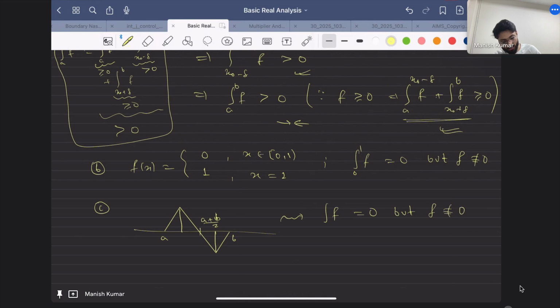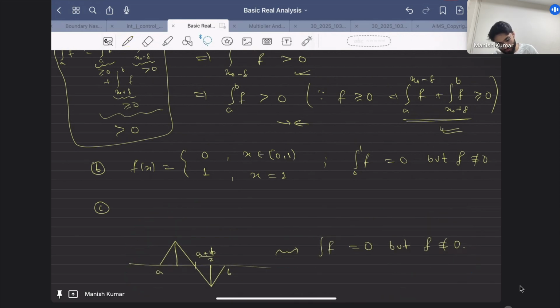Or anyway you can use this as well. Just take the function I have given above, that will also work, right? So 0, minus 1, 0, 1, 0. So the integration of f is 0.